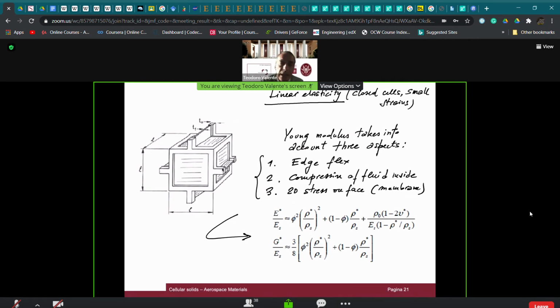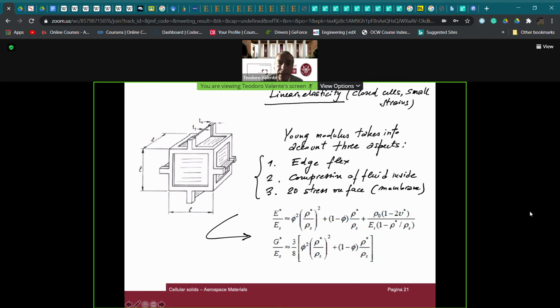This can, at first, in the case of small strains and linear elasticity, also be neglected, but it cannot be neglected when we increase the deformation of the cells, for example when we move into the phase of buckling or the phase of plastic yielding of the base materials.